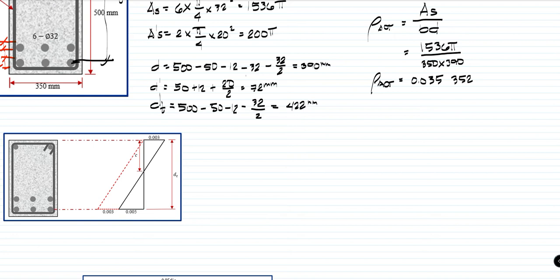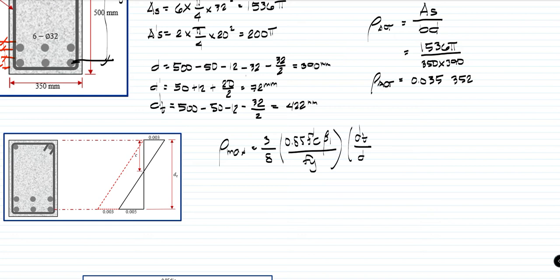So for this video, we will use the maximum steel ratio directly. The maximum steel ratio equation is equal to 3/8 times 0.85 f'c beta 1 over Fy times dt over d.